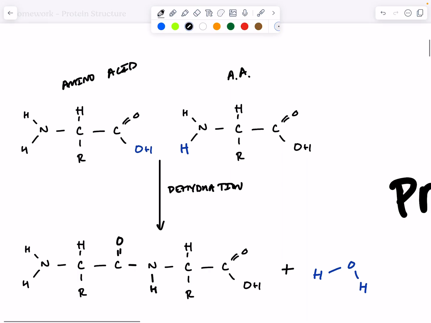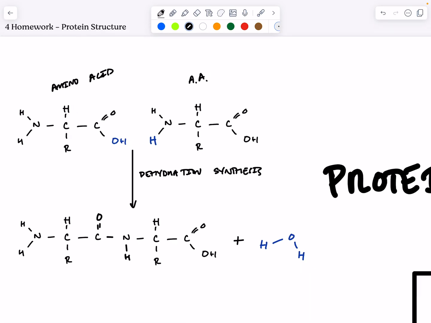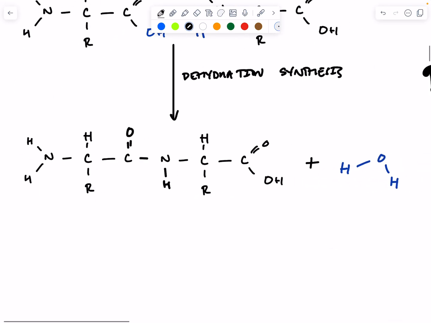And this bond between the carbon of one amino acid and the nitrogen of another is called a peptide bond.